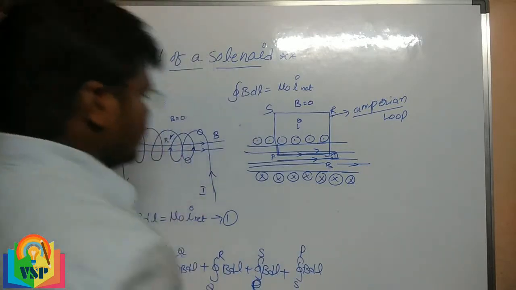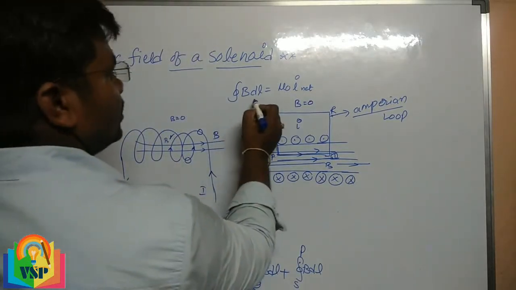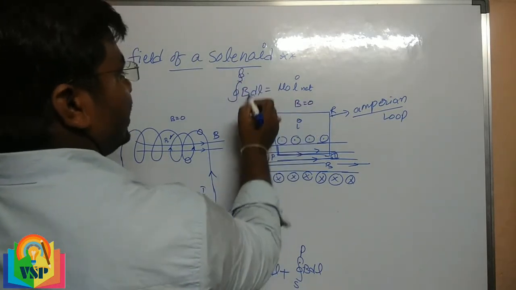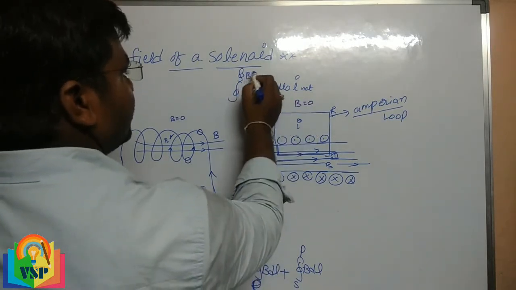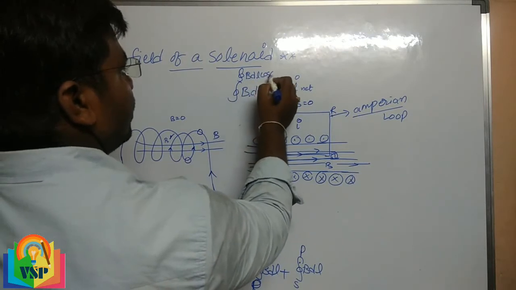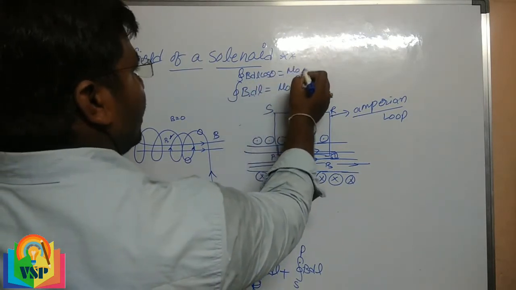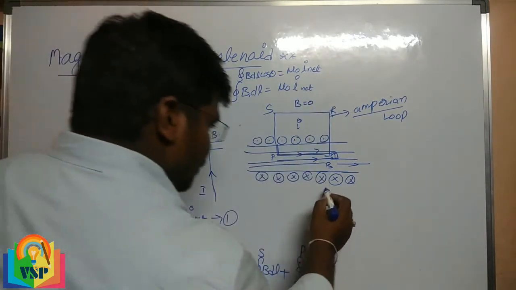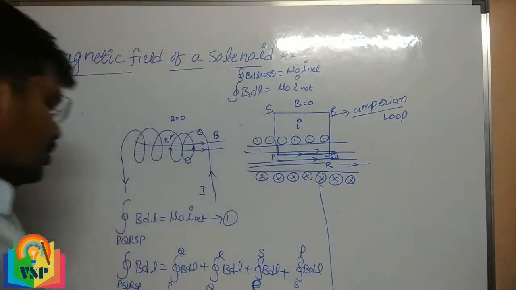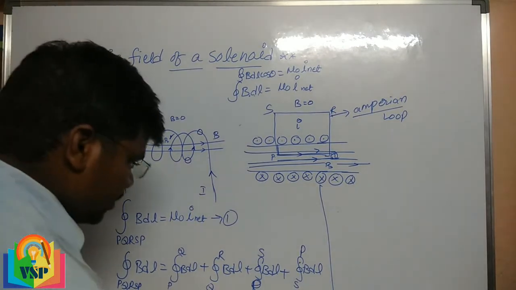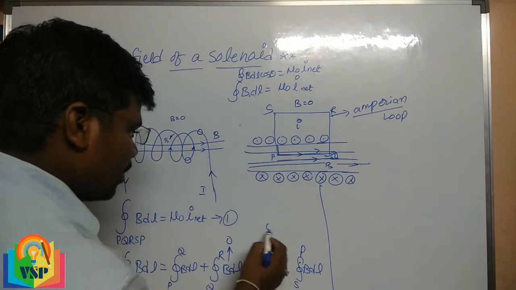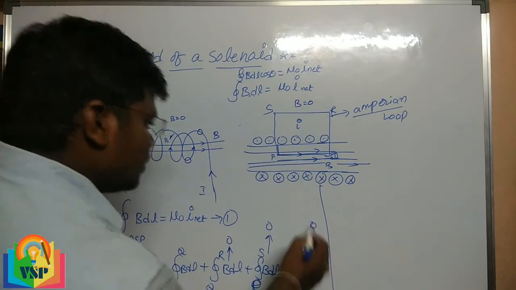So we know that the integral of B·dl is equal to mu naught I net. It is a dot product, that is why B dl cos theta is equal to mu naught I net. Understand? So this part becomes 0, this part becomes 0, this part becomes 0.